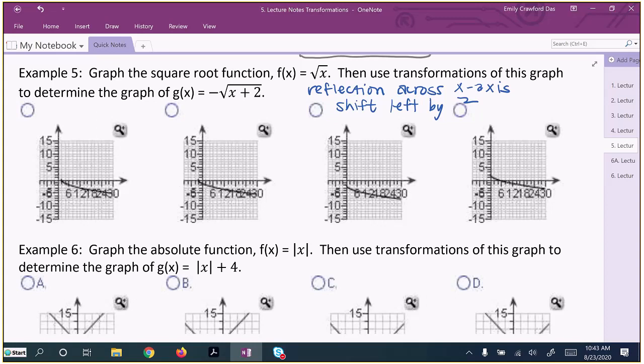Well, all of them have the reflection, you can see, because the basic shape that we started with was this one, and they're all reflected across the x-axis. So then we just determine which one is shifted left by 2 units. And that looks like it should be B. All right, very good.